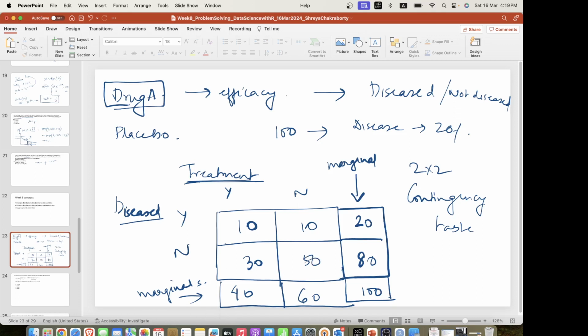Then the probability that a diseased person is receiving treatment would be 10 by 100. So that is actually what we call a joint distribution between x and y, between the diseased condition and treatment.